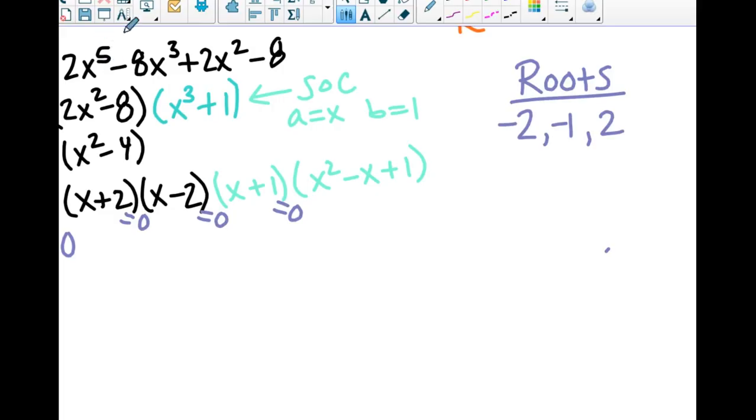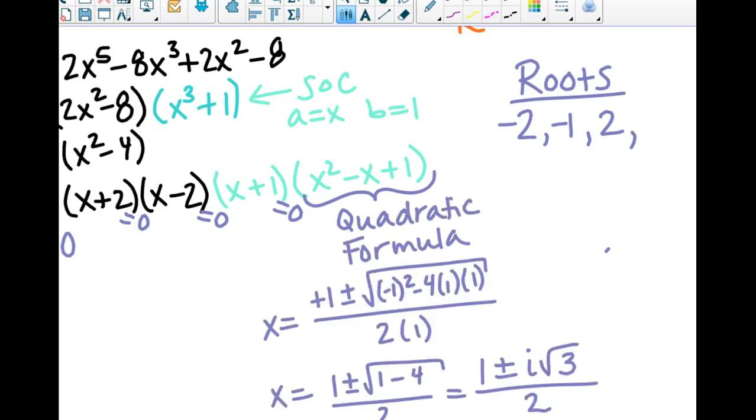I know because I have that degree of 5, I am looking for 5 roots. This quadratic needs to be solved using the quadratic formula, which always results in 2 roots, giving me my final 2 of 1 plus or minus i square root of 3 over 2.